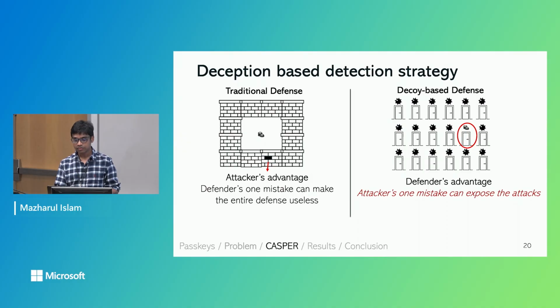But if we can play a deception game with the attacker by planting decoys, then if the attacker steps on one of the decoys while performing the guess, we will trigger an alert, and the relying party would be able to detect, with high probability, that the request is coming from an attacker who has compromised the user's passkey from the credential storage.